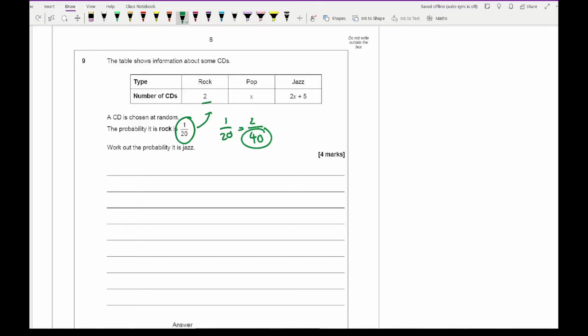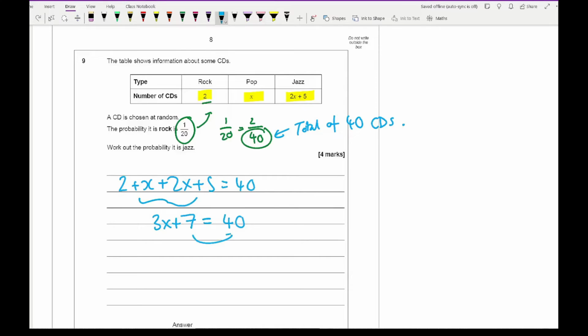So then from this, what we then need to do is add up all of the 3 boxes. So we need to add up these 3. So what we've just worked out is that there's a total of 40 CDs. So then if I do 2 plus x plus 2x plus 5 equals 40, simplifying all of this, I get 3x plus 7 equals 40, and then take the 7 over to the side, in which I get 3x equals 33, so x equals 11.